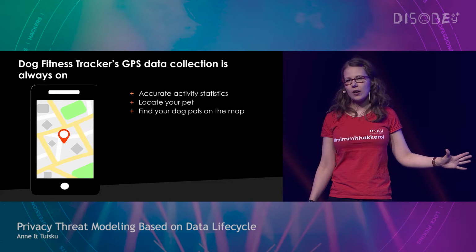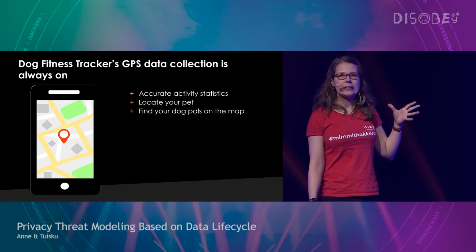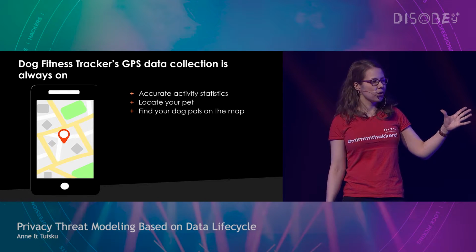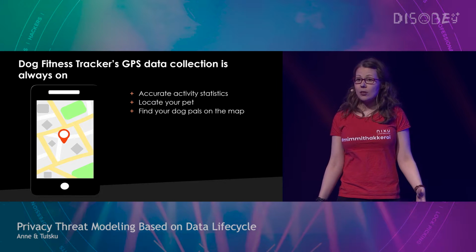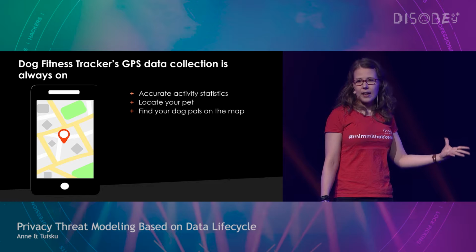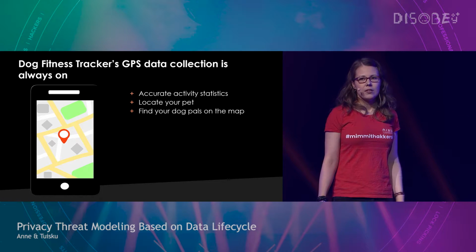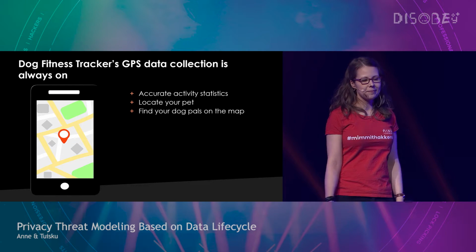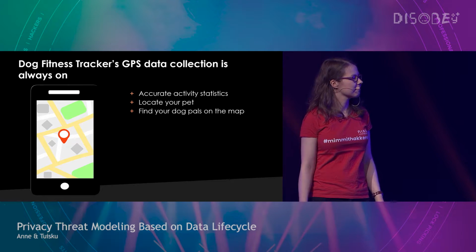With Dog Fitness Tracker, let's take a look at the GPS data collection. This is what the design team thought it should work. Let's keep the GPS data collection always on so we get accurate activity statistics, no problems in finding your dog if it gets lost, all that. That sounds useful.